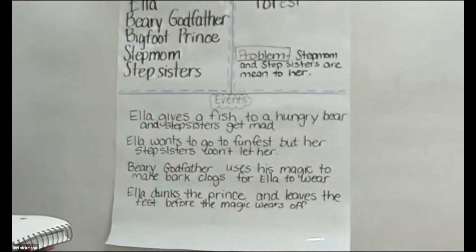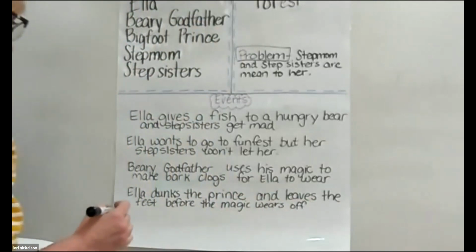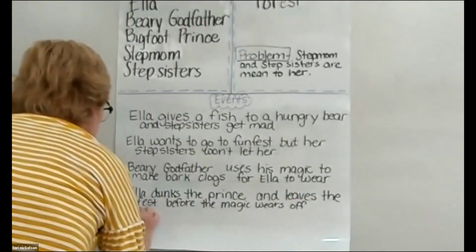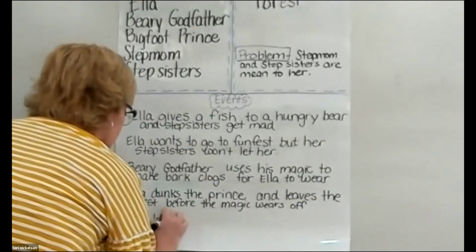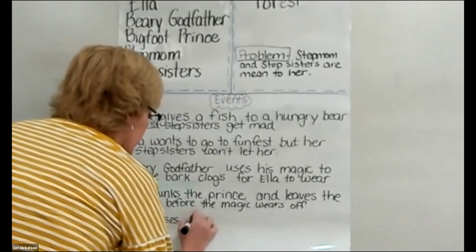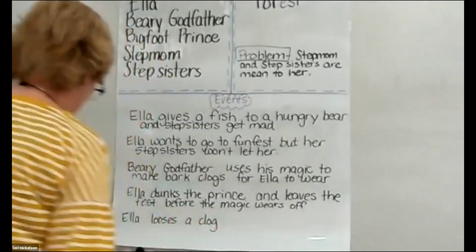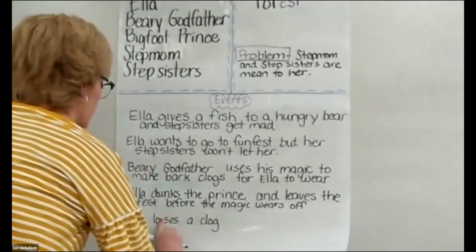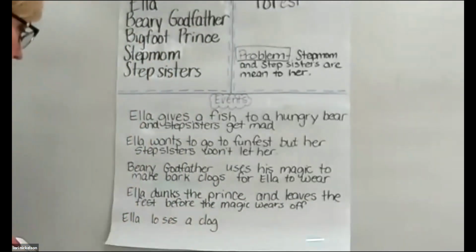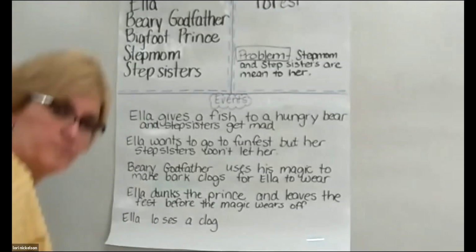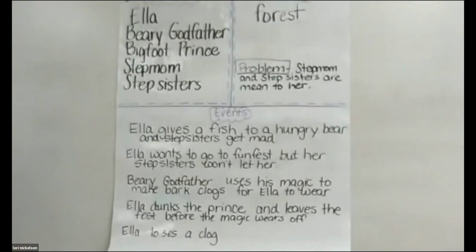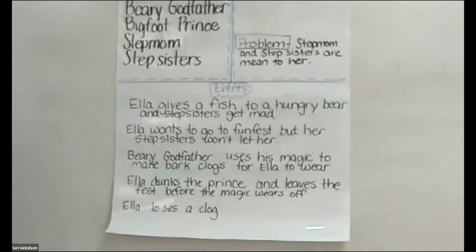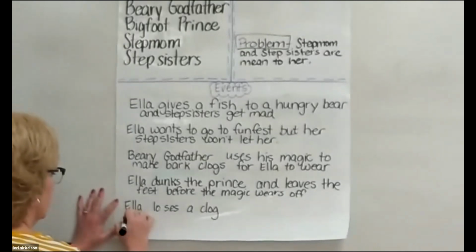Ella loses one of the clogs. For some reason, I am struggling on spelling today. Ella loses a clog. Raise it up again. Oh, wrong way. Okay. Bigfoot prince makes every Bigfoot woman try it on.